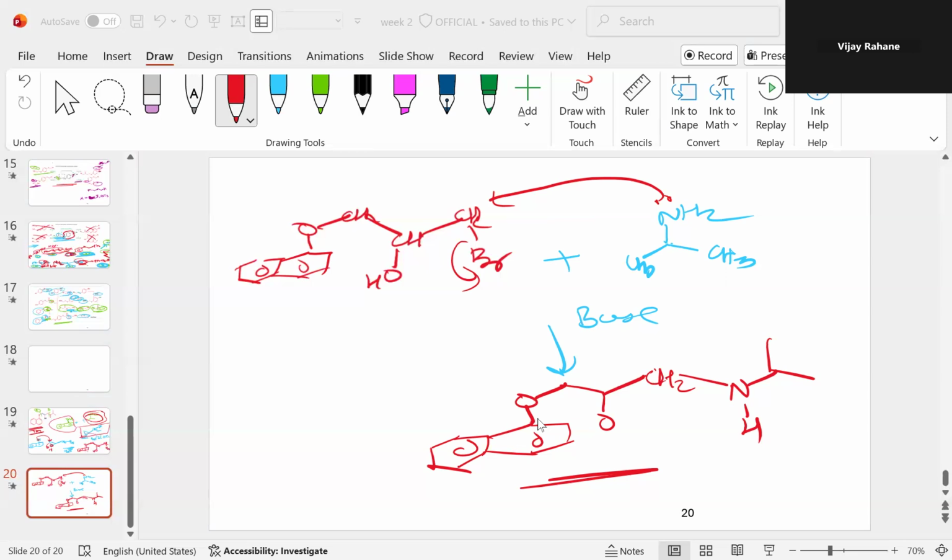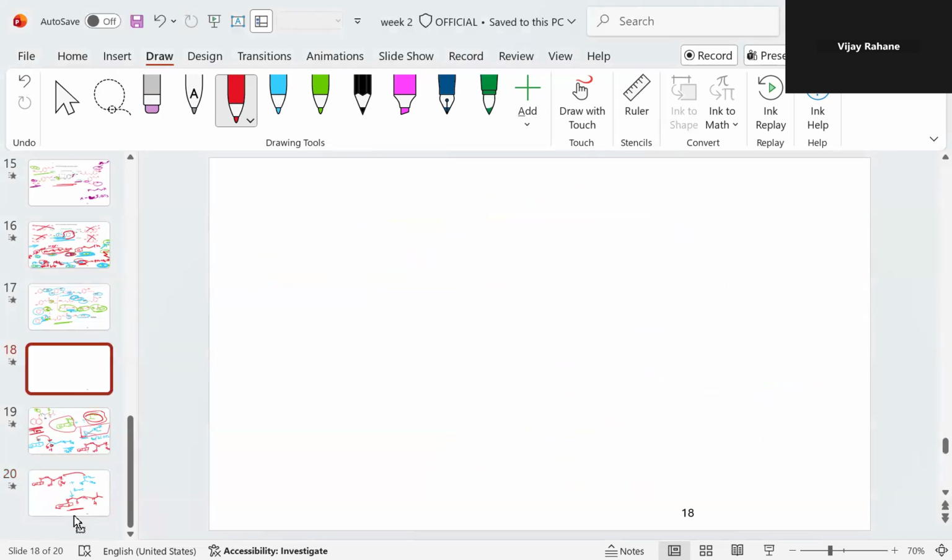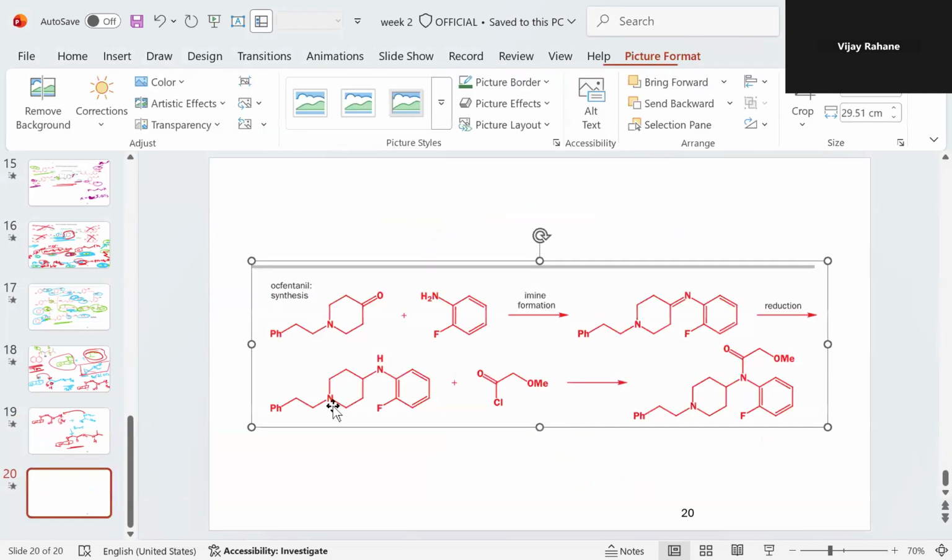We'll see an example of some natural products to understand this functional group interconversion now, because we already covered disconnection.